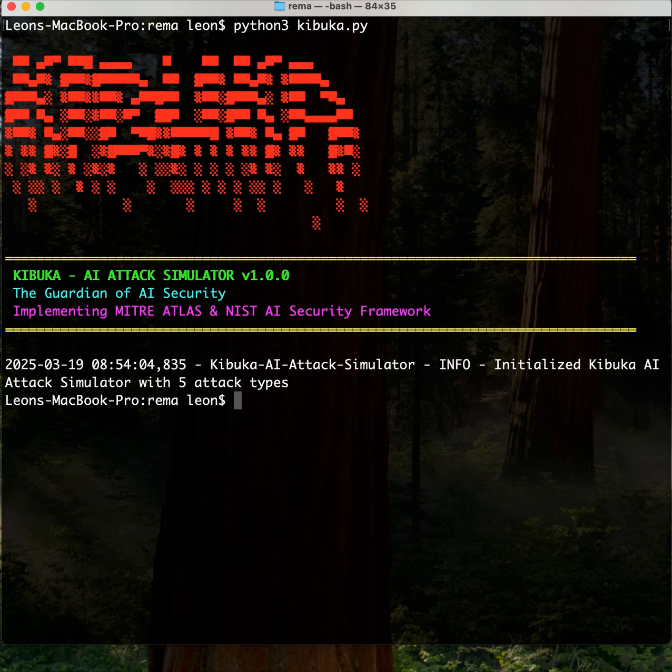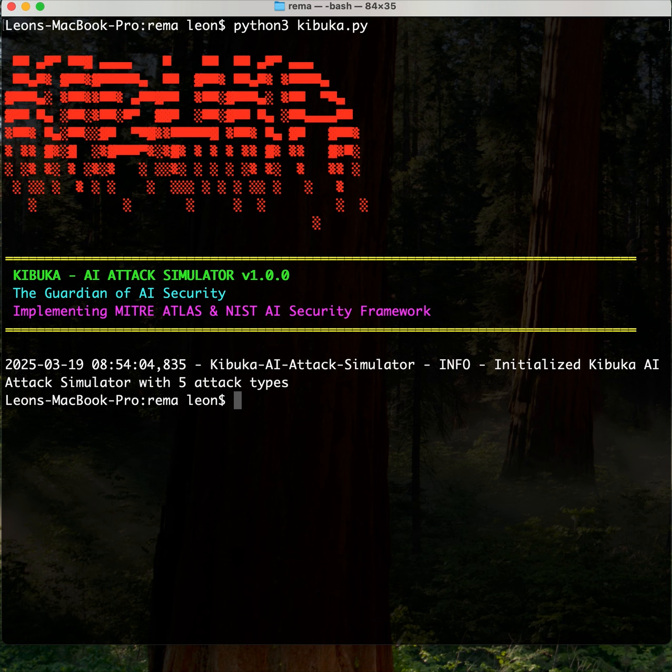As we all know, as AI systems become increasingly integrated into critical infrastructure like healthcare, finance, national security, transportation, and many other services and tools, there is a need for more robust security testing.